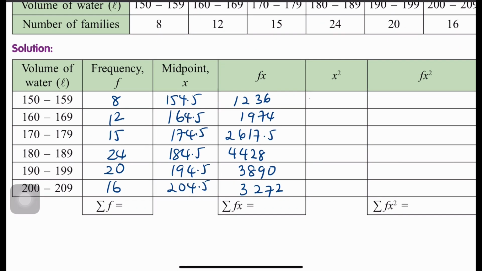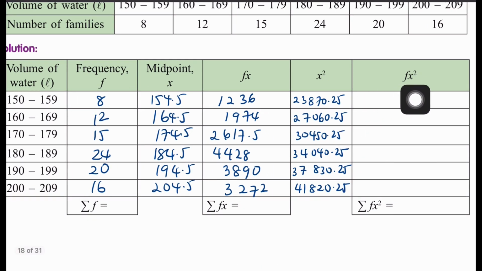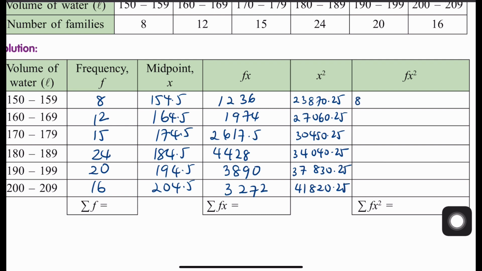So you will get the value of 23870.25, 27060.25, 30450.25, 34040.25, 37830.25, 41820.25. Next, for the column f times x square, you take the frequency times x square. It is not fx that you square. Take f, take x square, and multiply. So we have 8 times 23870.25, and so on, to get the answer.